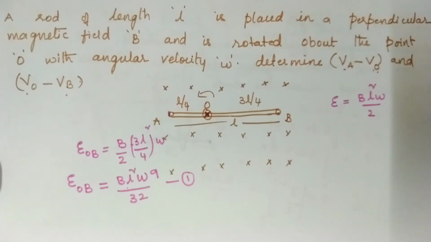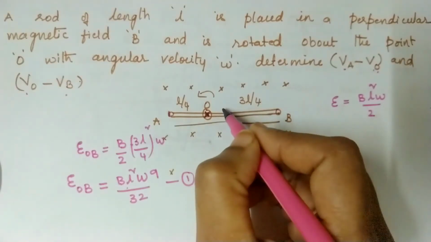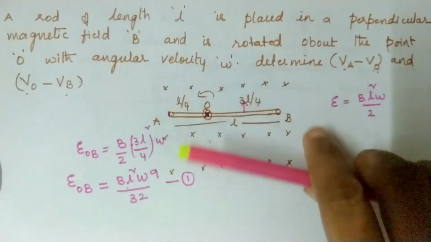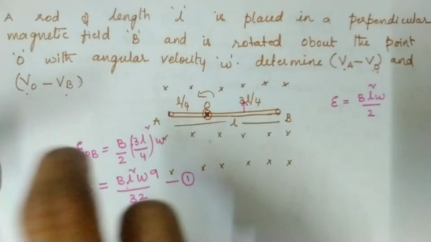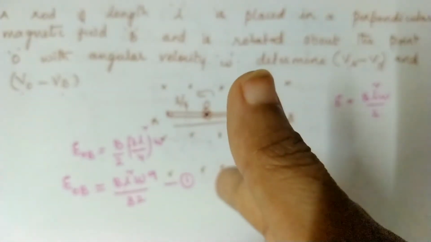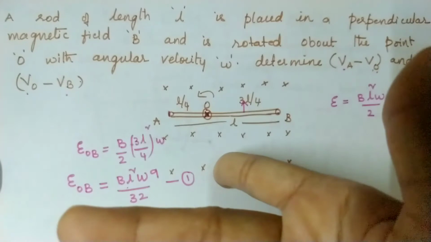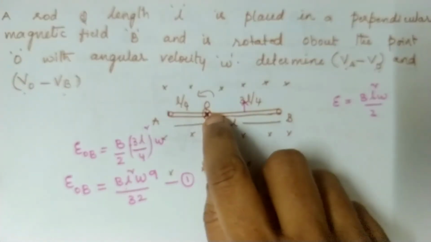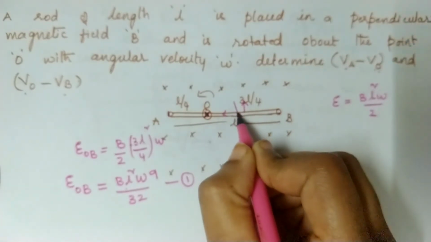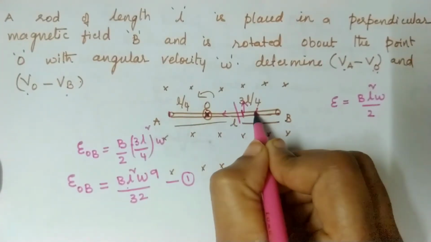Now identify which end is positive and which end is negative. Since you are rotating it anti-clockwise, at this instant, the rod is going to move upward. Use Fleming's right hand rule. Field is into the plane of the paper. Velocity is upward. Middle finger is directed towards O. So if this is the direction of induced current, how to give a cut? Positive and negative.